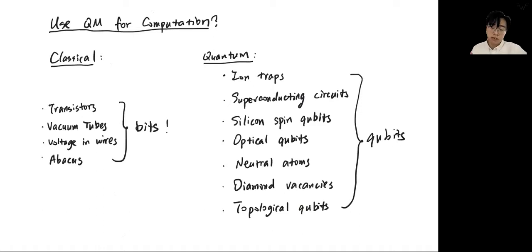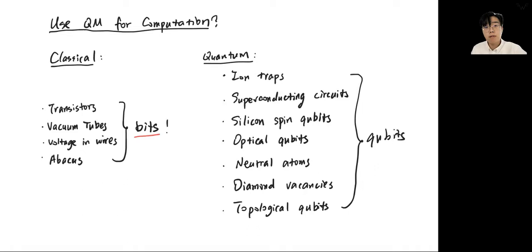So next, I want to move on to the discussion of how do we really utilize quantum mechanics for computation? Well, to answer that question, we need to understand what is computation. Speaking from experience of building classical computers, what we have done successfully is to abstract some physical substrate to a notion of bits.